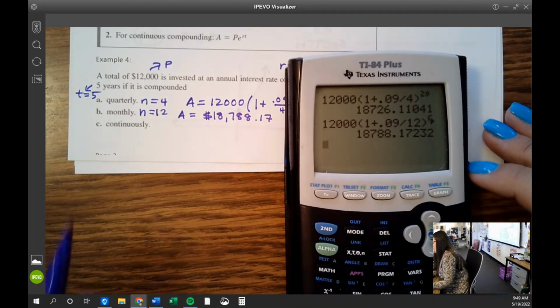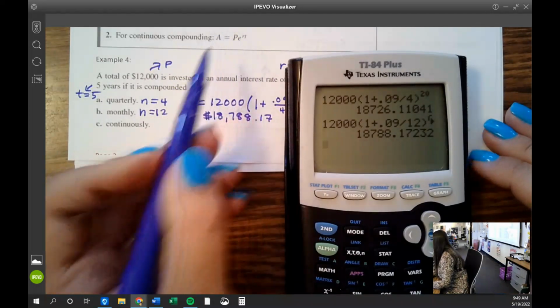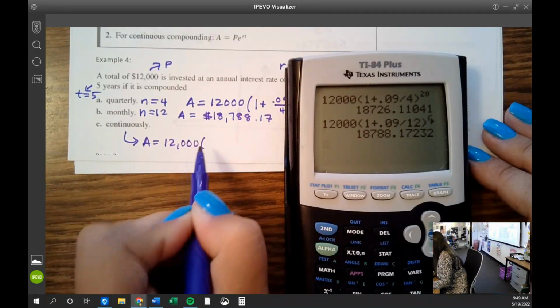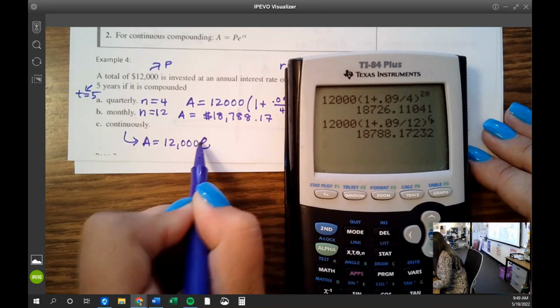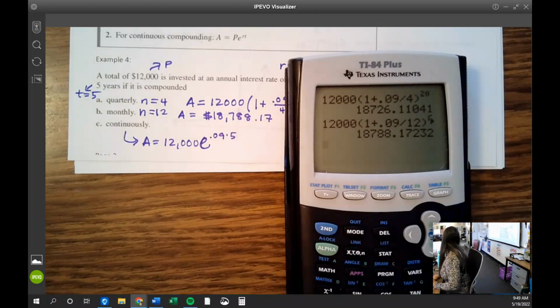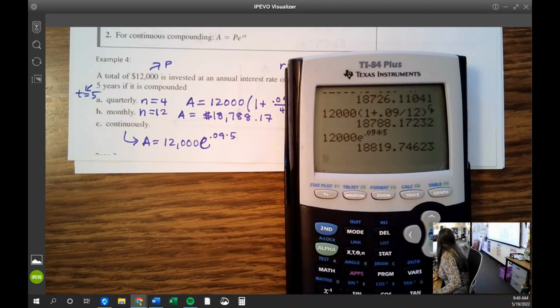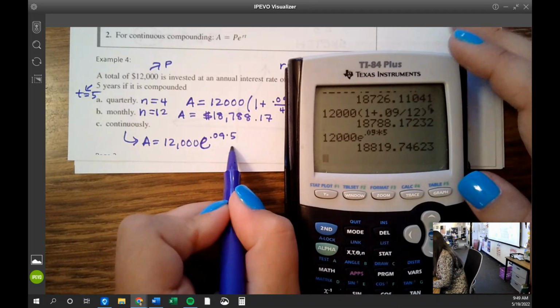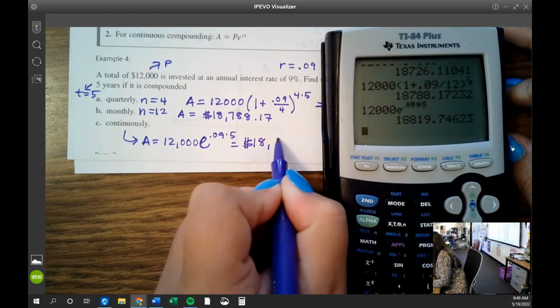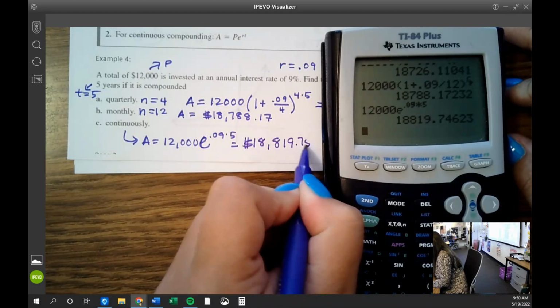Now, if I compound continuously, I'm going to use this formula, right? So I'm going to have A equals 12,000 times E to the 0.09 times 5. 18,819.75.